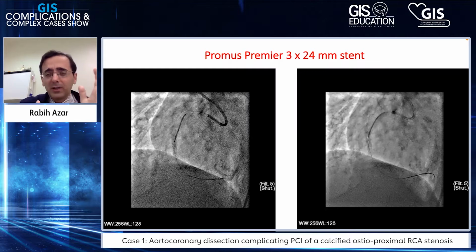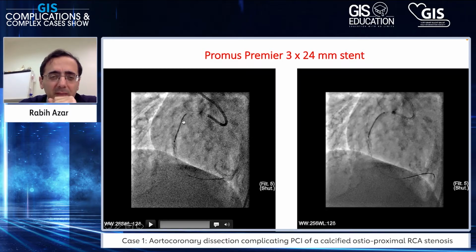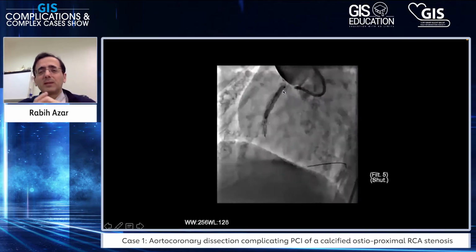So I decided then to use 2 shorter stents. So I took a Promus Premier 3 by 24 millimeter stent and placed it in the mid segment with a plan to get another stent and cover the proximal segment with a third stent. And this is what I got.